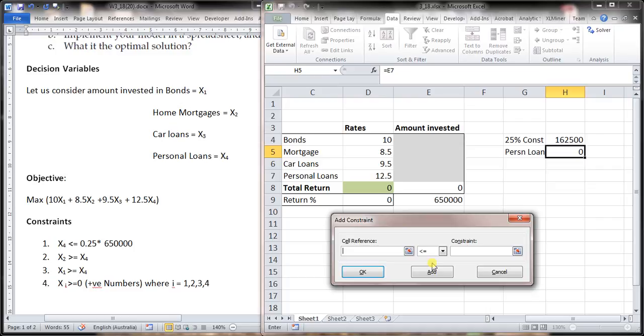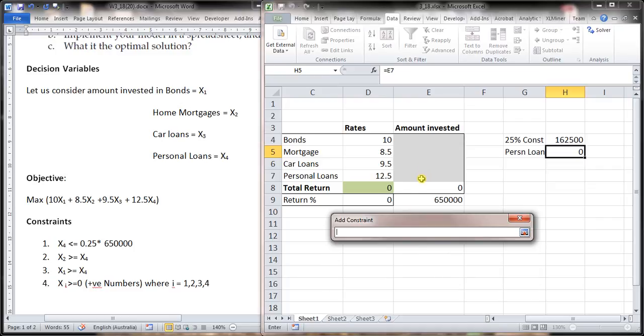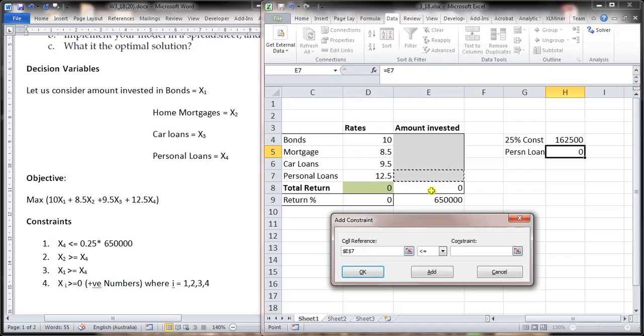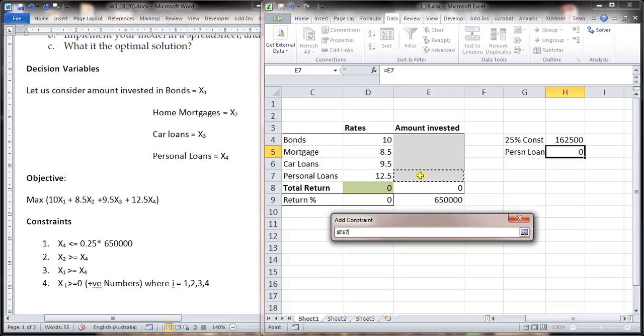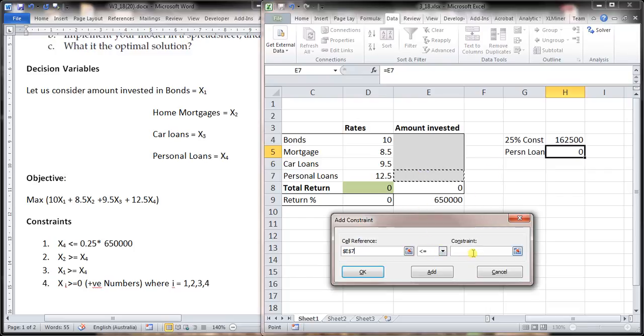The second constraint is that this column x4 should be less than or equal to 25% of the total amount. The amount cannot exceed this value.